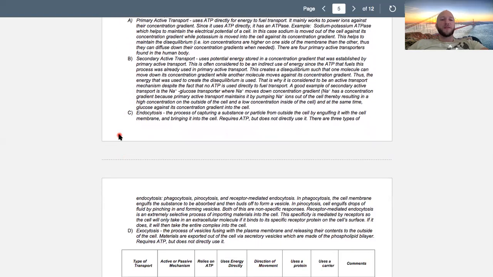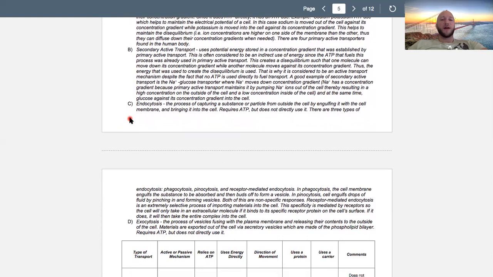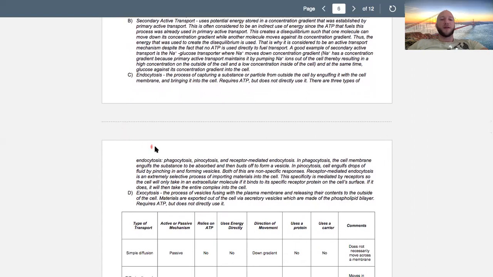Endocytosis is the process of capturing a substance or particle outside the cell and engulfing it within the cell membrane and bringing it into the cell. This requires ATP but does not use it directly. There are 3 types. Know the different types: phagocytosis, pinocytosis, and receptor-mediated endocytosis. In phagocytosis, the cell membrane engulfs the substance to be absorbed and then buds off to form a vesicle.